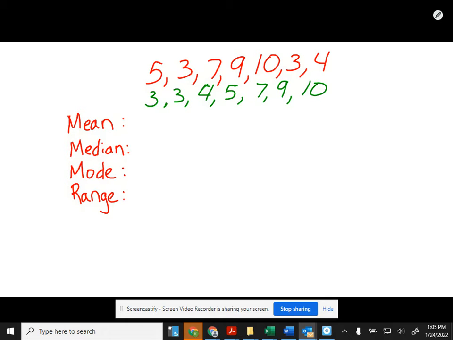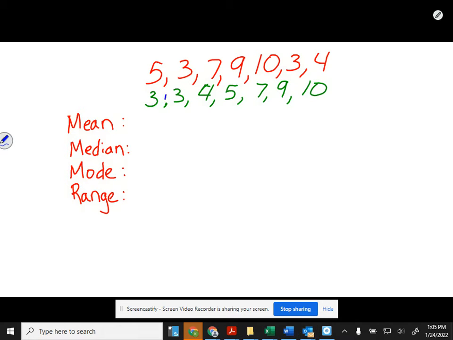Alright, I have the answers. You found all of them? Mean, median, mode, and range? So, first step was you had to put them in order.